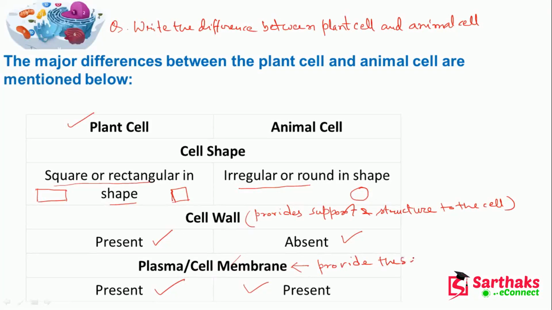We can also say this is one type of door from where the cell gets the nutrients, and through which it can give out all the waste.